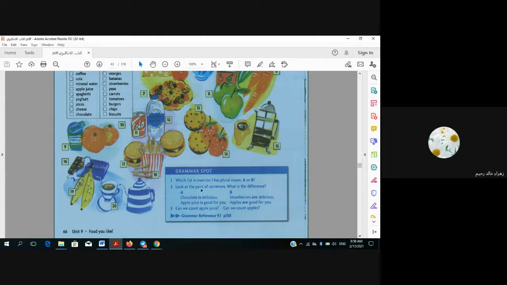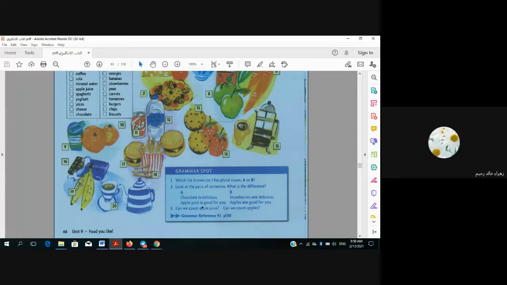Look at the pairs of sentences. What is the difference? Number 1: Chocolate is delicious. Strawberries are delicious. What's the difference between these two sentences? شنو الاختلاف بين الجملتين؟ مفرد وجمع. Is للمفرد and are للجمع.